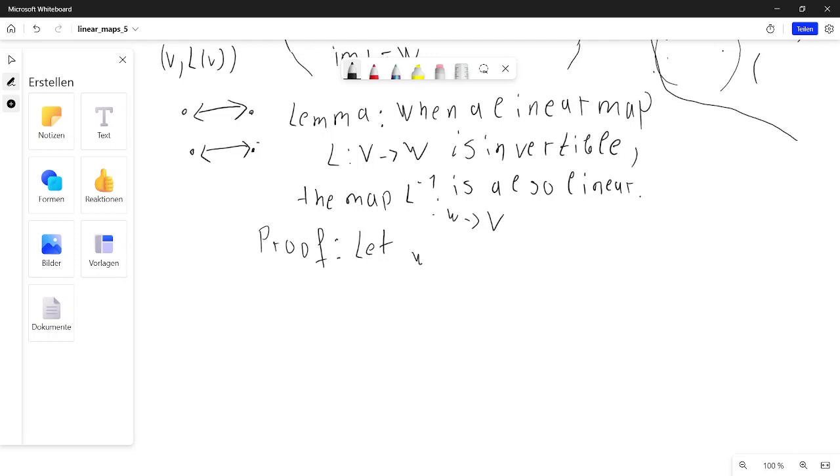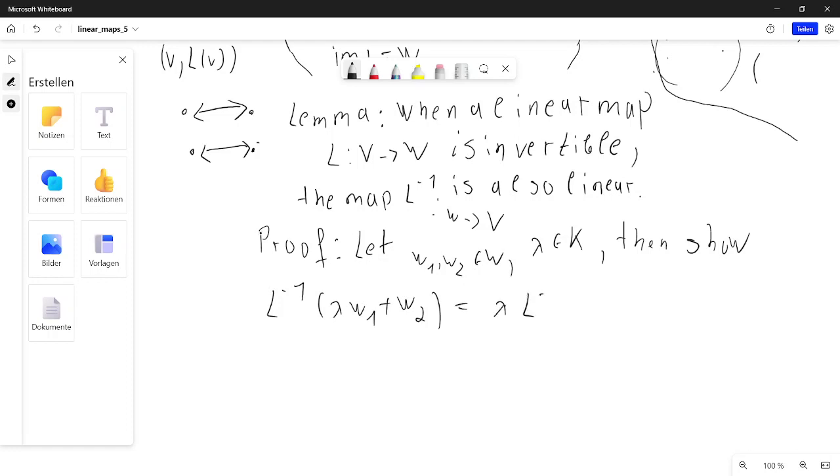Let W1, W2 be any elements of W, lambda any element of K, and so L minus 1 of lambda W1 plus W2 is equal to lambda L minus 1 W1 plus L minus 1 W2. How do we show that?